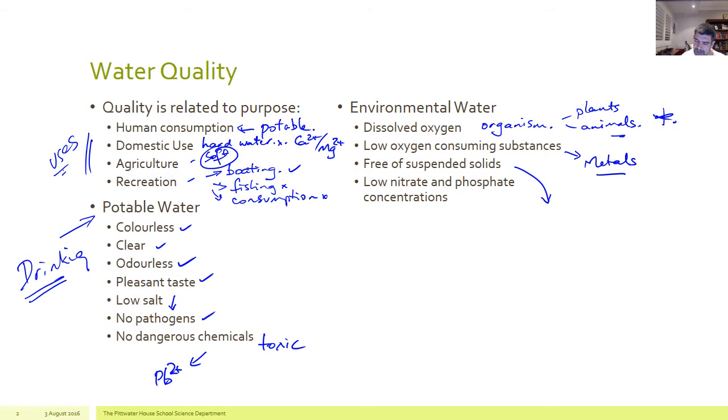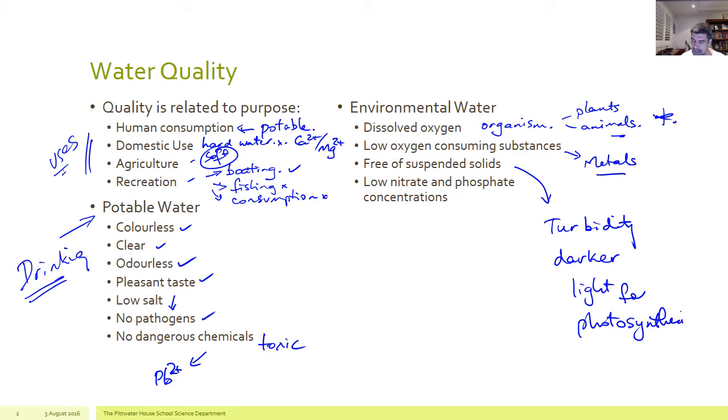Suspended solids comes into something we're going to look at later called turbidity, and this can be something as simple as making the water darker, and that affects the light for photosynthesis. So if there's plants in the water and those plants can't receive light from the sun, they're not able to photosynthesize, and turbidity or suspended particles can actually affect them.